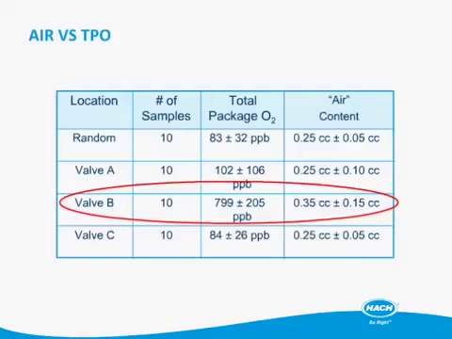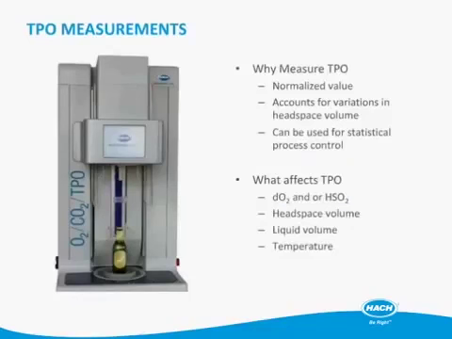So why measure TPO? It's a normalized value. You can use it regardless of whether you're measuring a 16-ounce, a 12-ounce, a 22-ounce, or a 750 package size. You can use it for statistical process control.